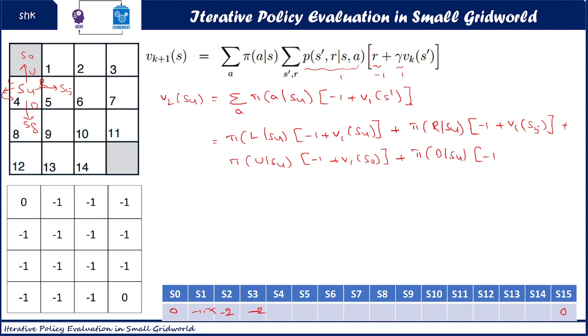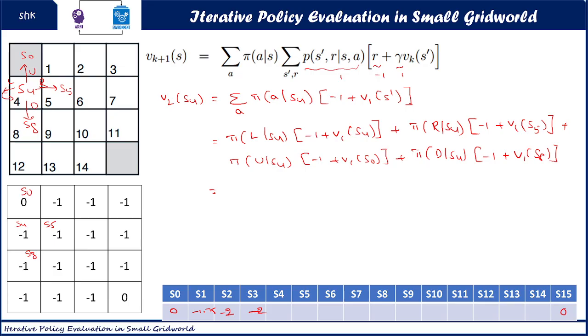The reward is minus 1 plus V1 of, when you take the down action, the state we transition to is S8. So V1 of S8. So for finding this function value, what we require here is V1 of S4. This is S4, S0, this is S5, and this is S8.